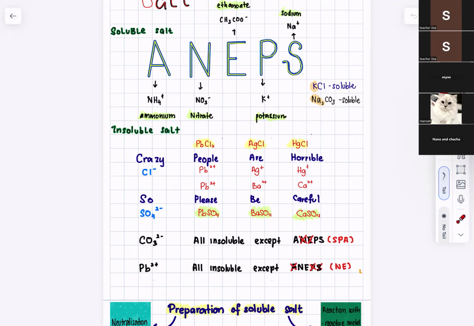Soluble. Okay. Magnesium carbonate, Chacha. Insoluble. Okay. Calcium sulfate. Insoluble.